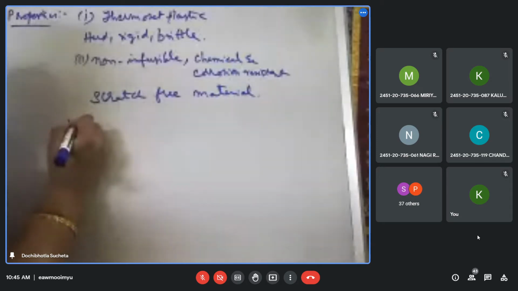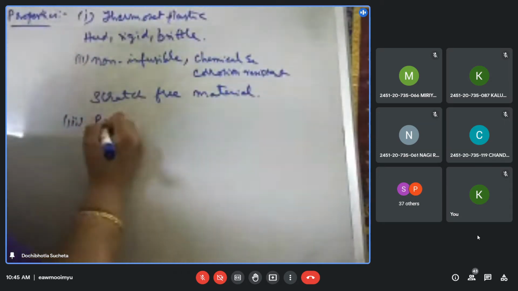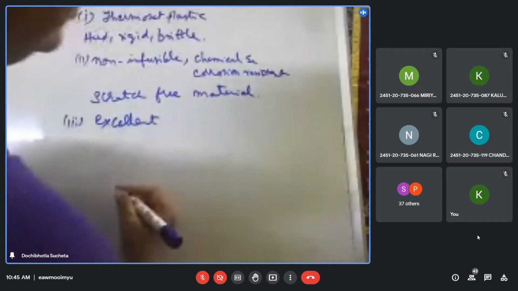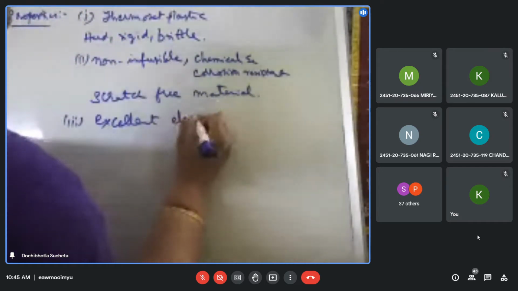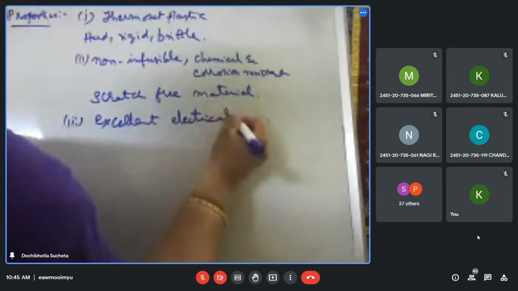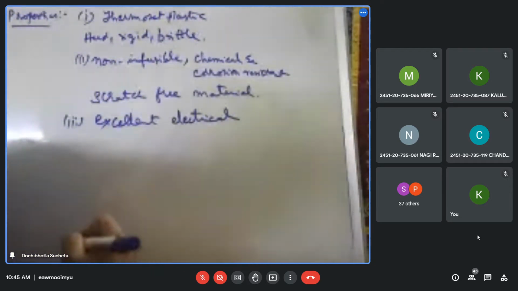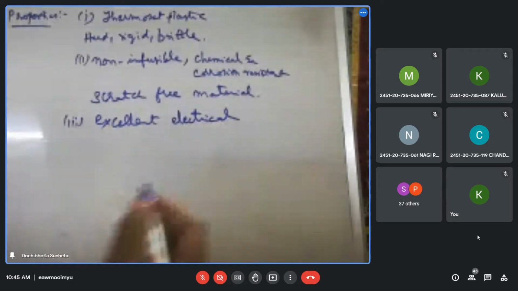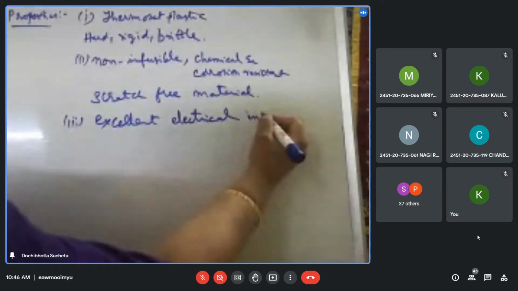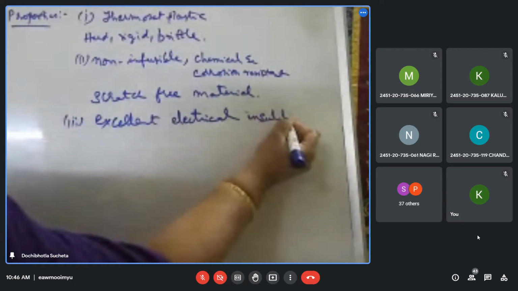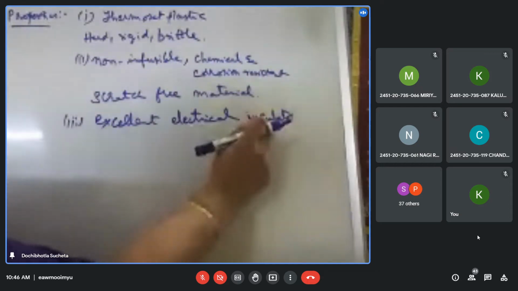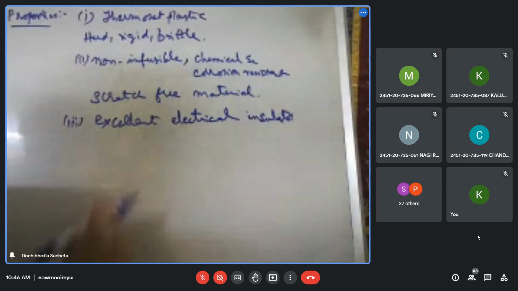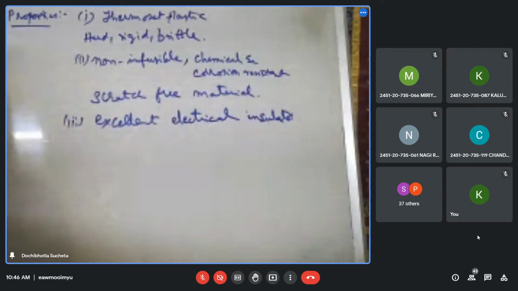Next, excellent electrical insulator. That's the reason why it's being used for plug boards, switches and all.